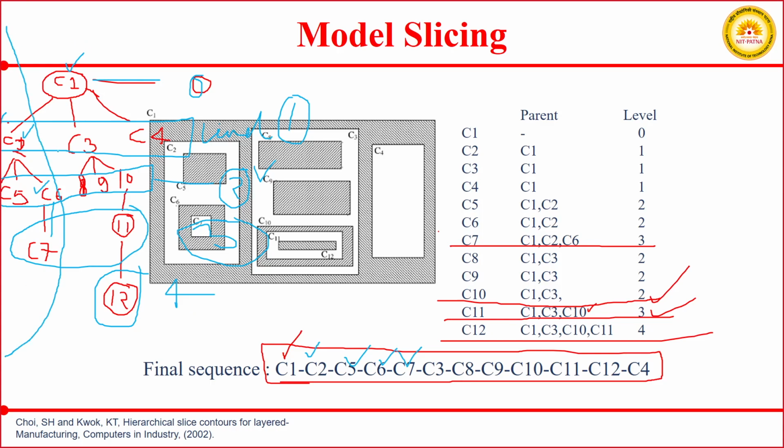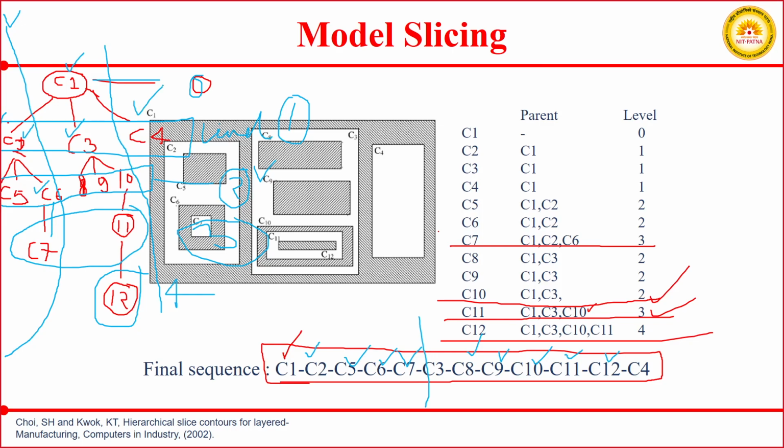You can say one set is completed up to this point. Then it comes to C3, 8, 9, 10, because 8, 9 are not having any son, so 8, 9, 10, 11, 12. C8, C9, C10, C11 and C12. Completed up to second arm, you can say second family tree completed.